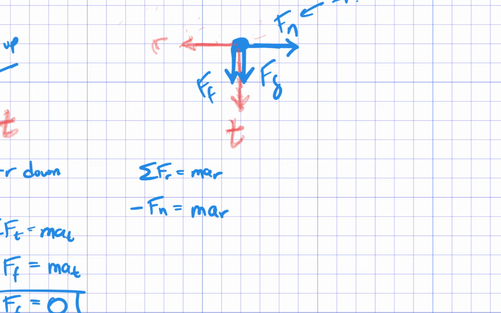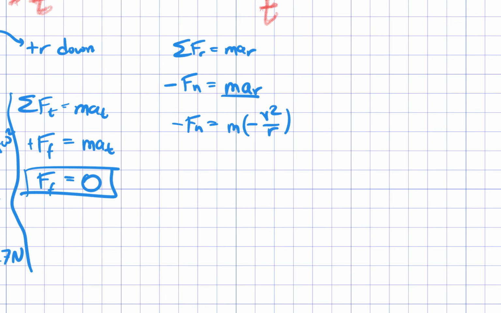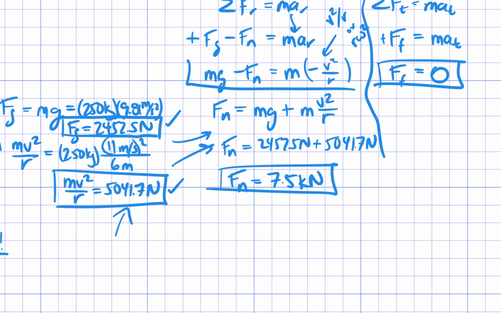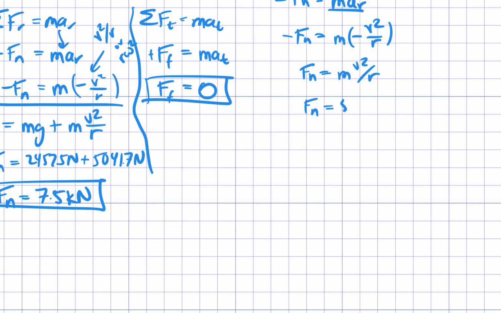So we'll say negative normal force equals m a sub R. Remember, it's always going to be the same thing. It's negative because we're always turning towards the center of the circle, and then it's going to be v squared on R. Because I calculated these values earlier, this is really easy to solve. So the normal force is m v squared on R, and I already know that value is 5.0 kilonewtons, because we calculated that earlier.